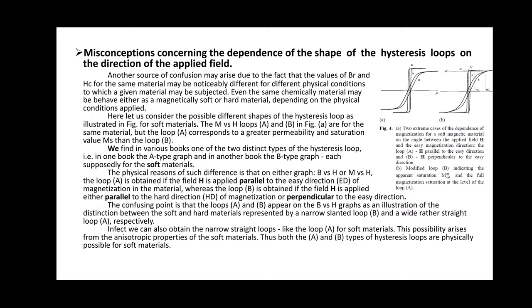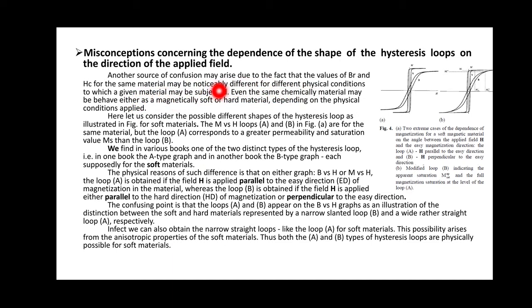Now, the next misconception concerns the dependence of the shape of the hysteresis loop on the direction of applied field. Another source of confusion may arise due to the fact that the values of BR or HC for the same material may be noticeably different for different physical conditions.